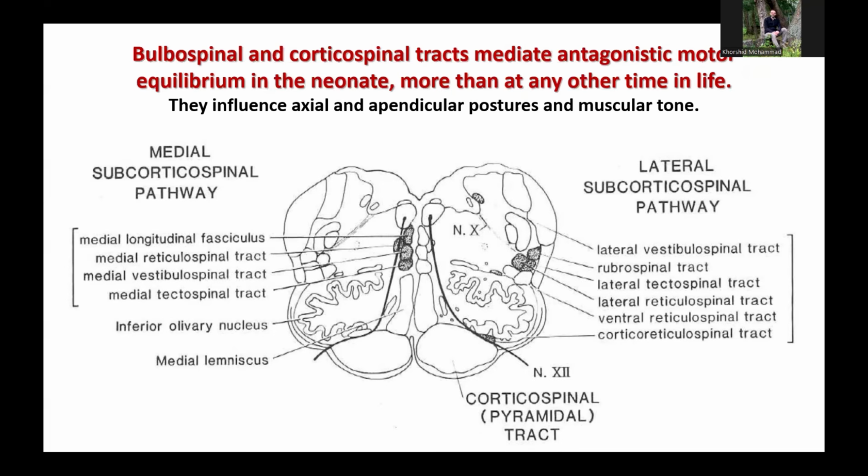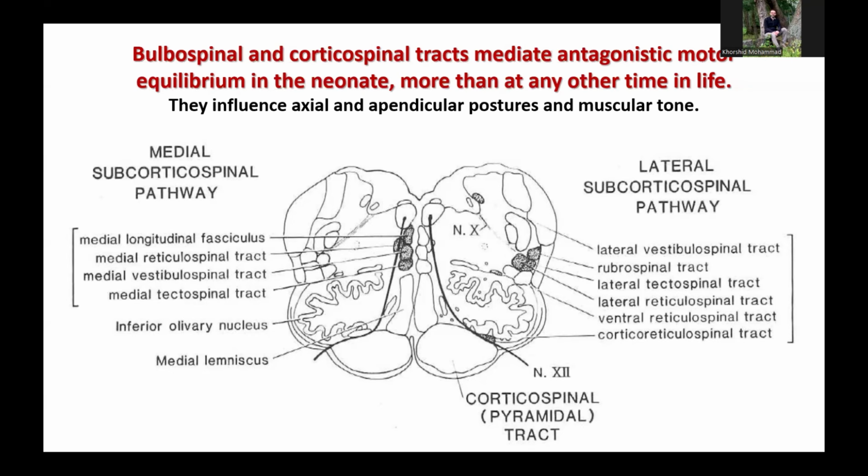There are numerous small tracts or pathways that descend from the brainstem to the spinal cord, bulbospinal pathways. And these are shown here in this slide, listed some of them.